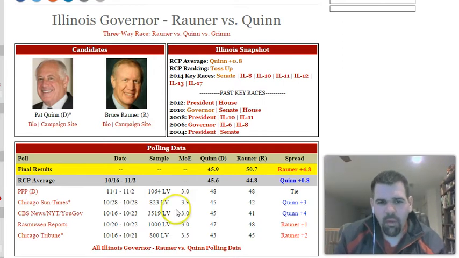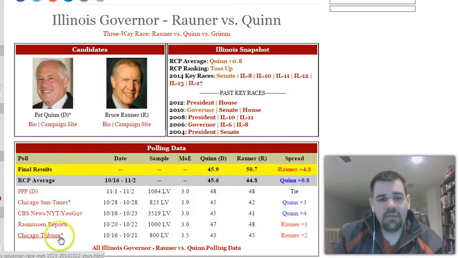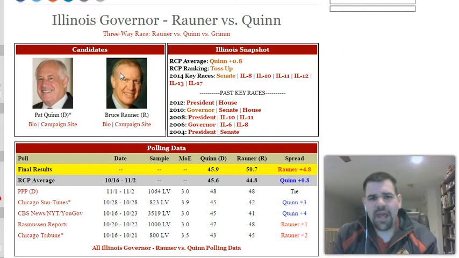When we look at a poll, there's a couple things that we want to look at. First, we want to see who conducted the poll. Usually different news organizations and political groups will conduct a poll. It's important to know these things because there's a chance for bias. For example, an internal poll done by one of the candidates, such as Pat Quinn or challenger Bruce Rauner in this case, may be a little biased.